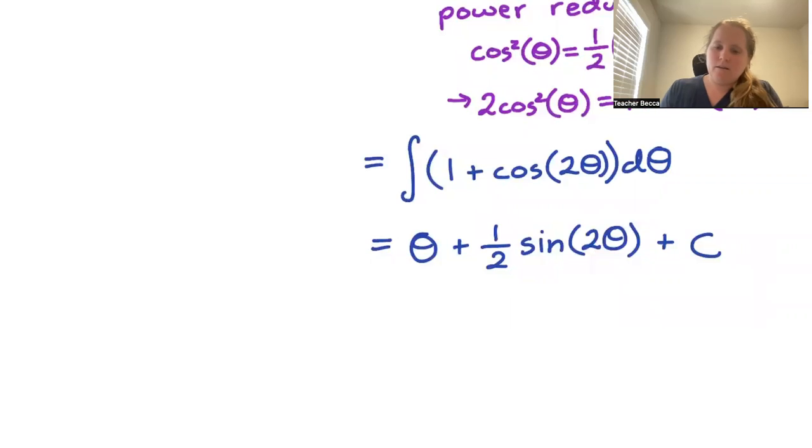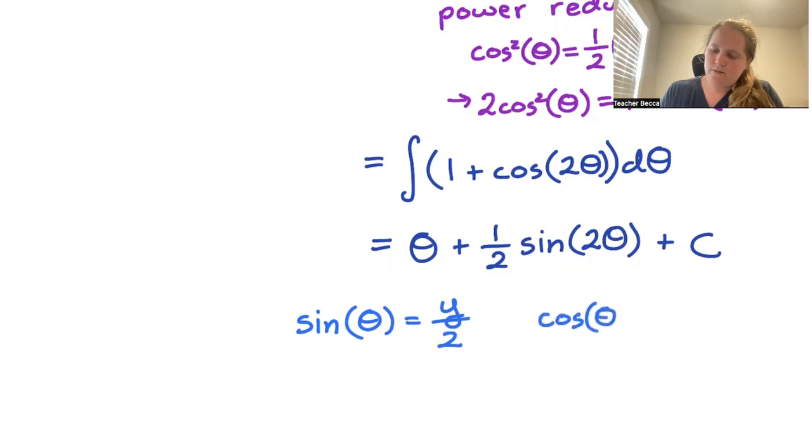Plugging back in, sine of theta was y over 2. Cosine of theta was the square root of 1 minus y squared over 4.